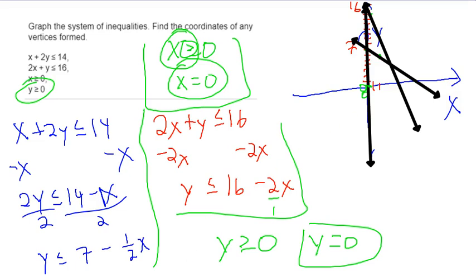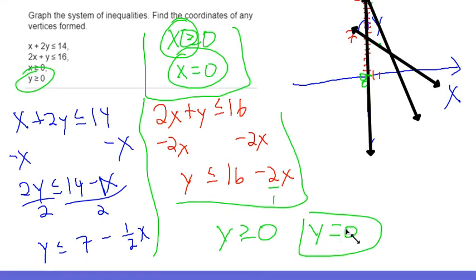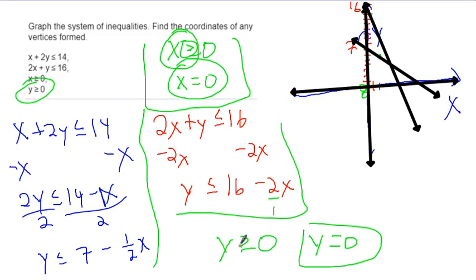So that is what our line is going to look like for this inequality. So we're going to draw a horizontal line that will just match right up with the x-axis. So it's going to look like that. And for this inequality, we want to shade above this line.